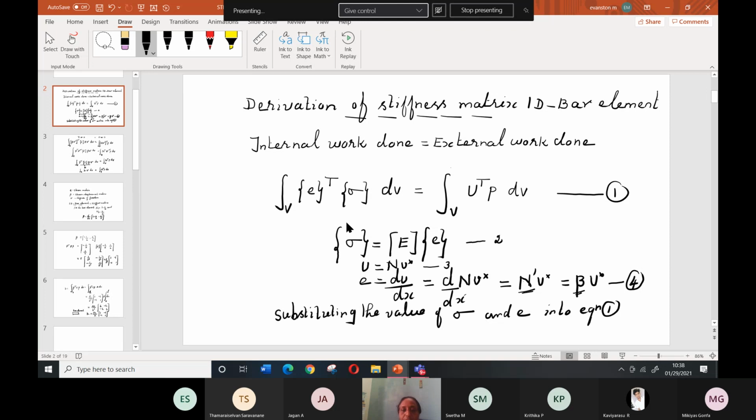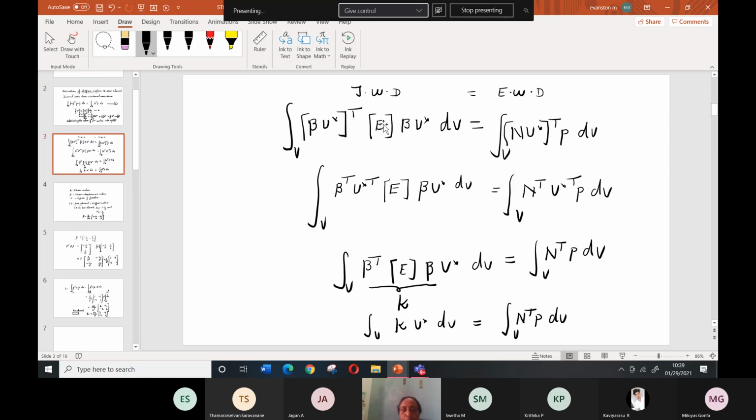So substituting the value of epsilon into the primary equation, the stress also gets a value of strain. When I simplify that, I'll get the equation like this: integral of beta transpose E beta u star dV is equal to integral of N transpose p dV.